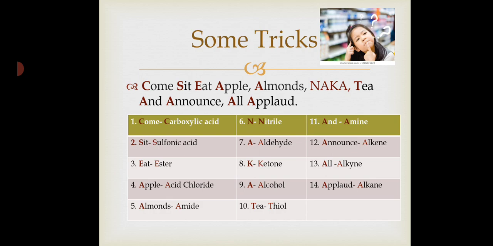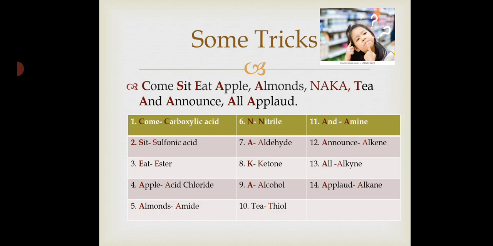So you see, the priority order is, first you remember: come, sit, eat, apple, almond, naka, tea, and announce, all applaud. So the priority order of the functional groups is carboxylic acid, sulfonic acid, ester, acid chloride, amide, nitrile, aldehyde, ketone, alcohol, thiol, amine, alkene, alkyne, and then alkane.